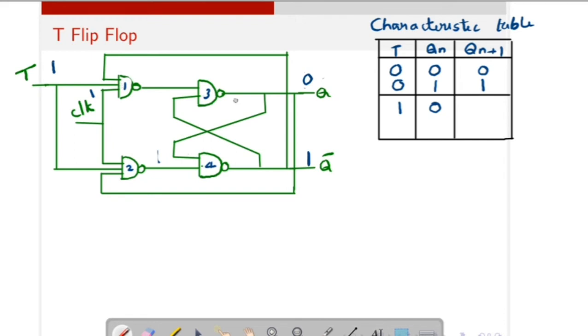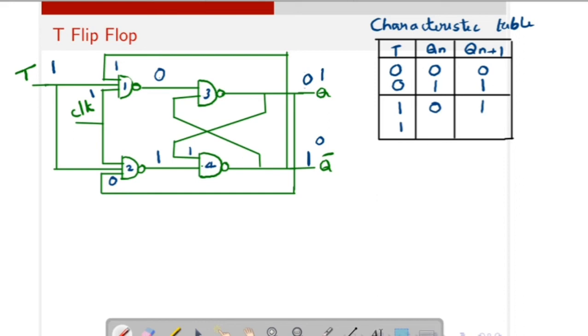So for this first NAND gate, third input is 1, and for the second NAND gate, third input is 0. So for the second NAND gate, one of the input is 0, so output is equal to 1. Then for the first NAND gate, all the inputs are 1, then output is equal to 0. Then for the third NAND gate, one of the input is 0 means output is equal to 1. Then fourth NAND gate, both the inputs are 1 means output is equal to 0. That means when T is equal to 1 and Qn is equal to 0, output is equal to 1.